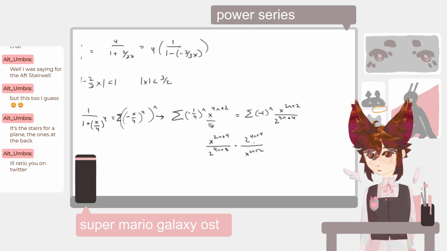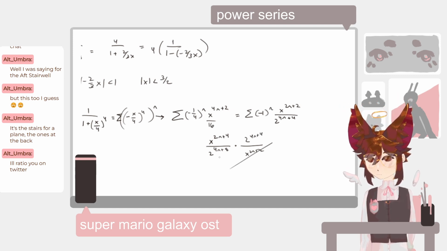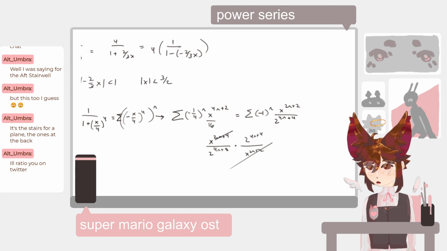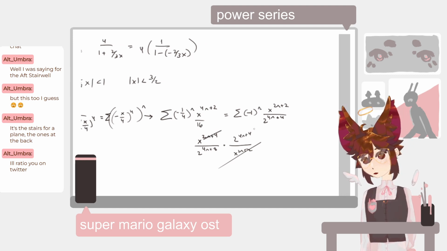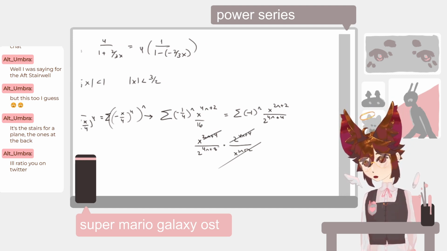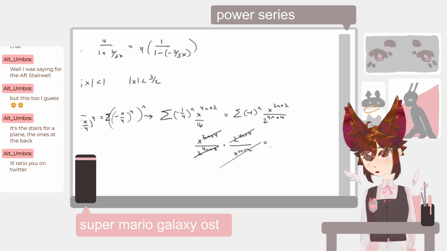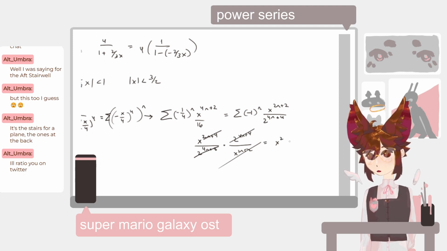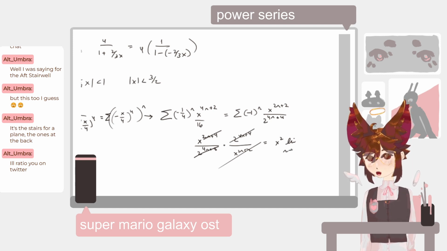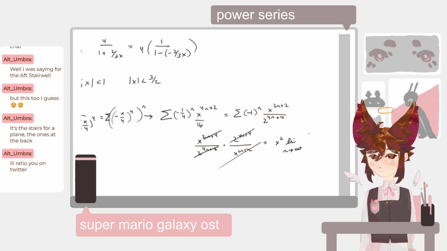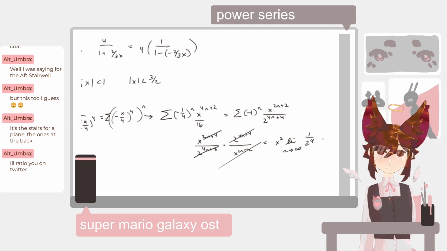Okay, so we're gonna have this go away, and this mostly go away, and then this go away, and this mostly go away. So this will give us x squared, limit as n goes to infinity of 1 over 2 to the 4th.